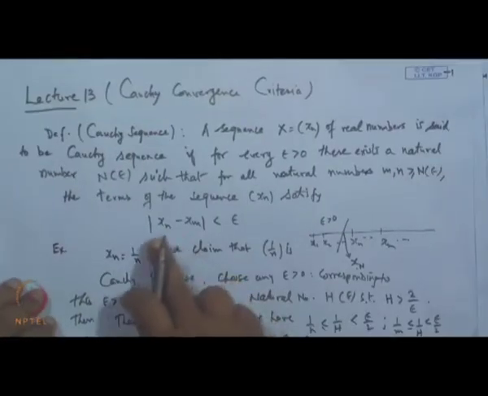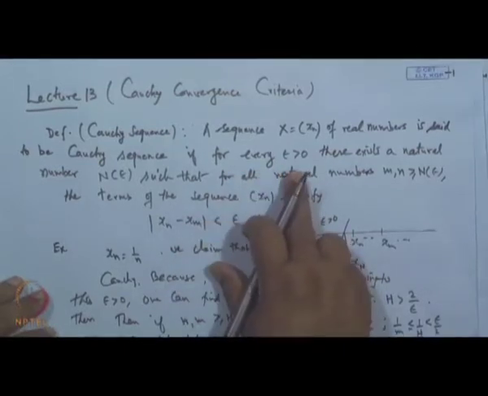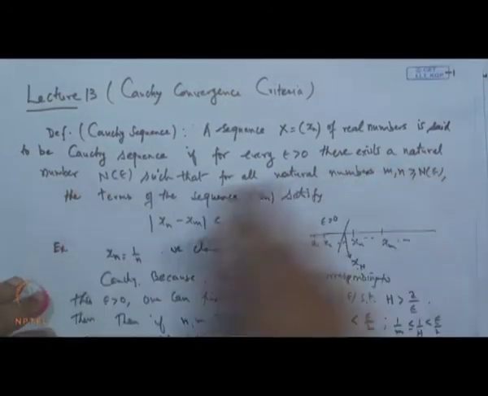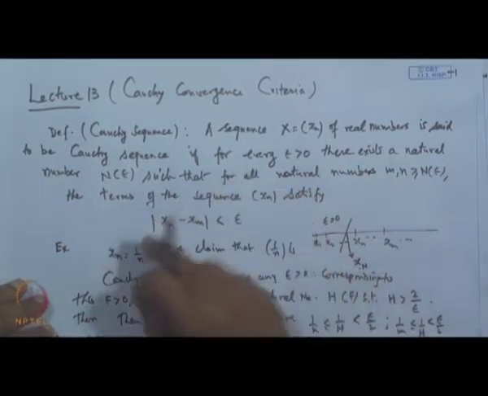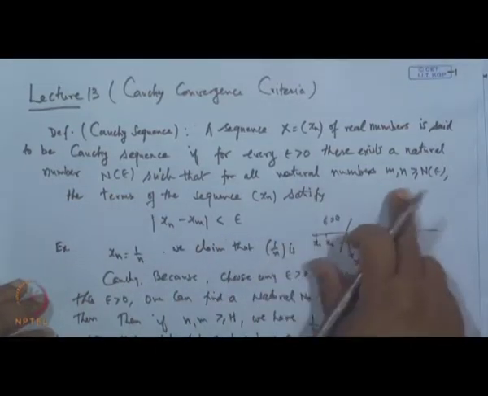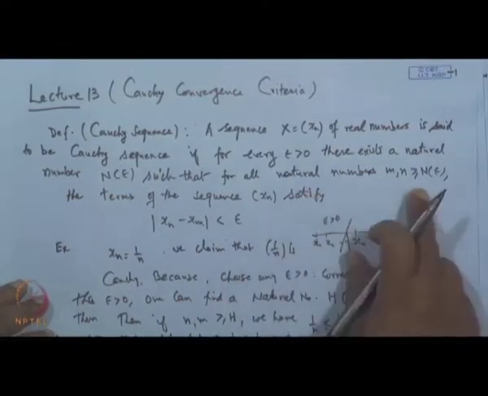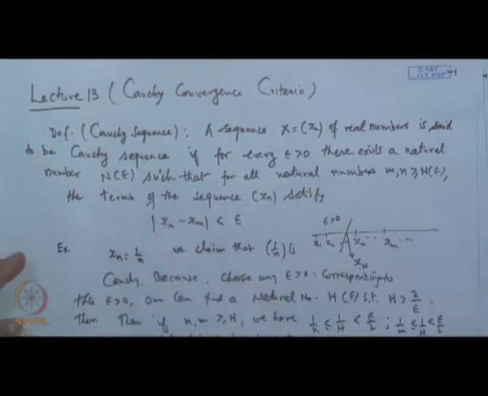The Cauchy sequence says that for every epsilon greater than 0... So, the negation will be there exists an epsilon naught, such that for every natural number h, there will be natural numbers m and n which are greater than h and satisfy this condition. Okay.